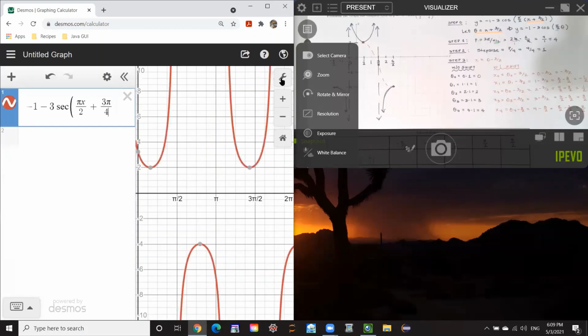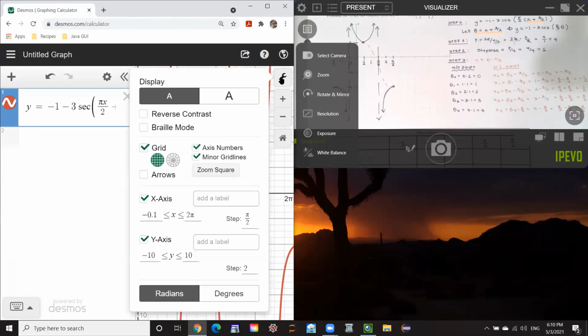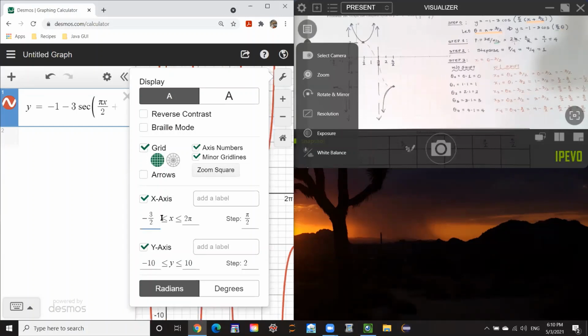And then I'm going to restrict the window between -3/2 for the lowest x, and then the highest x would be 5/2, with a step size of 1. And then for our y-axis, I think the largest that we drew was like a positive 4. And the smallest that we have is, let's see, like a negative 8.